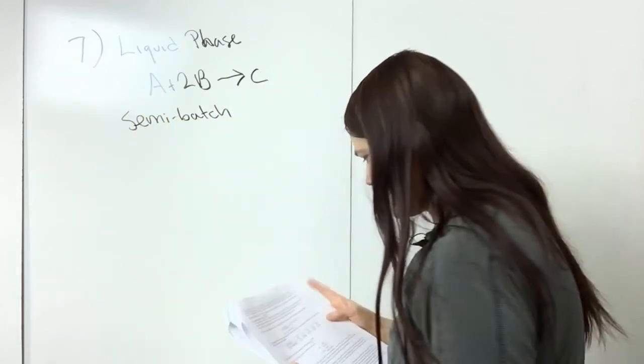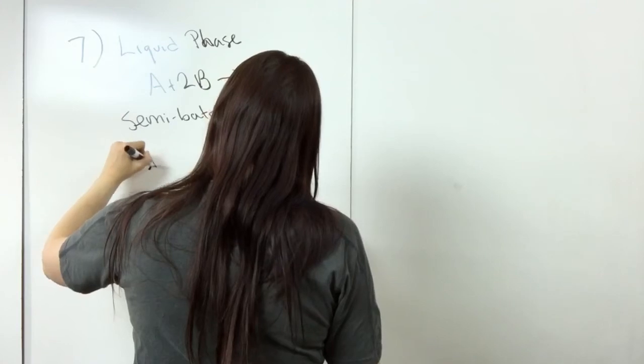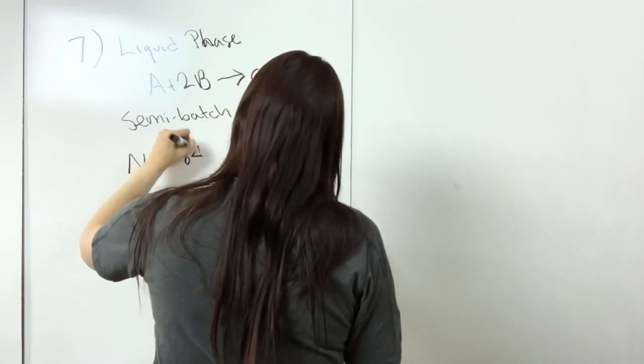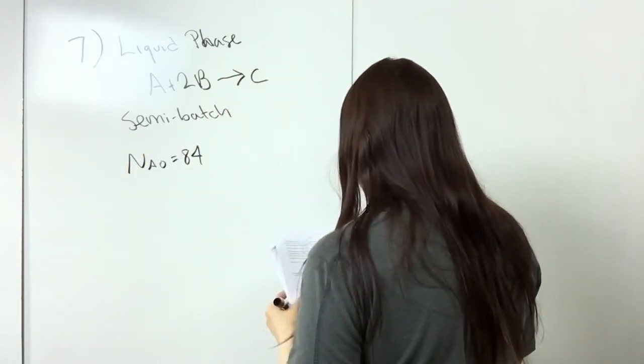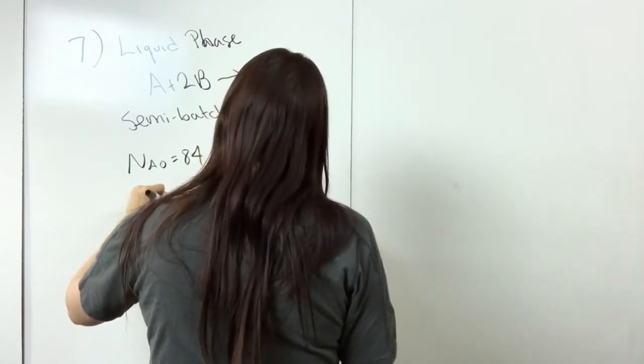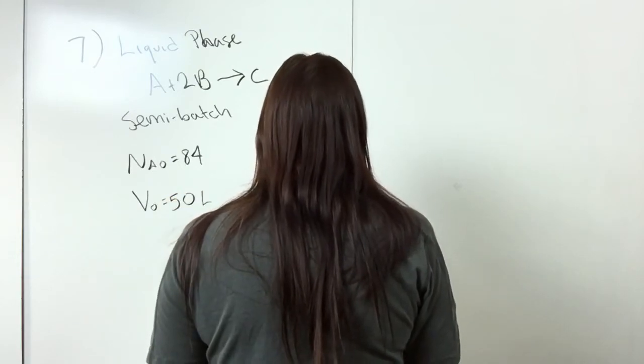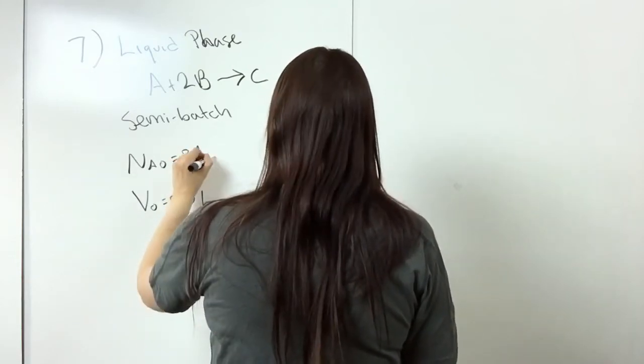It says the reaction began with 84 moles of A in the reactor, so NA0 equals 84 moles. The initial reactor volume is 50 liters, so V0 is 50 liters.